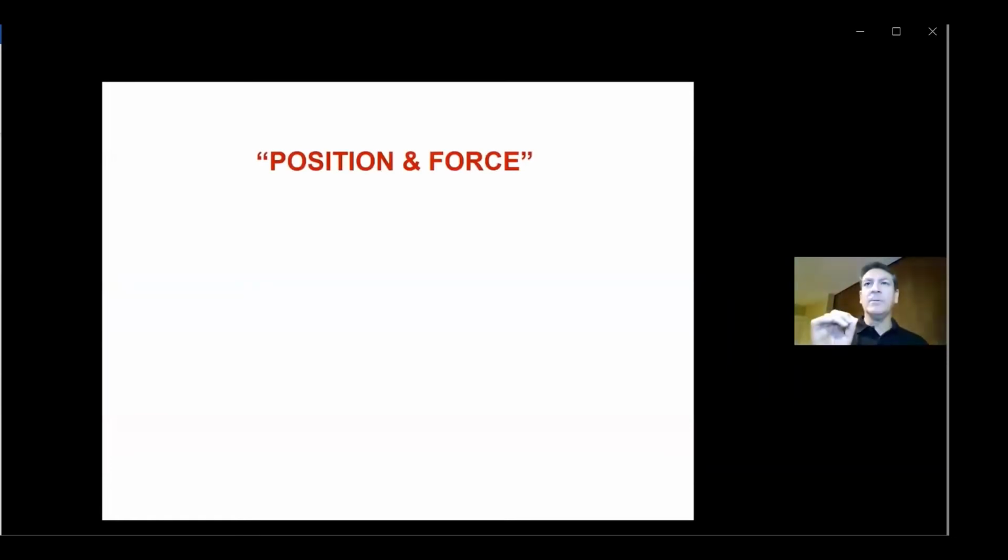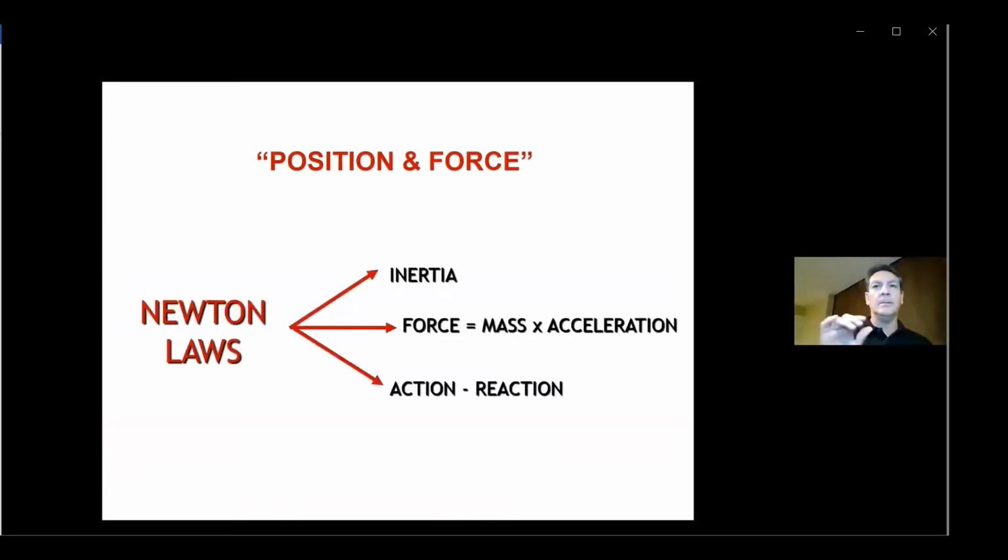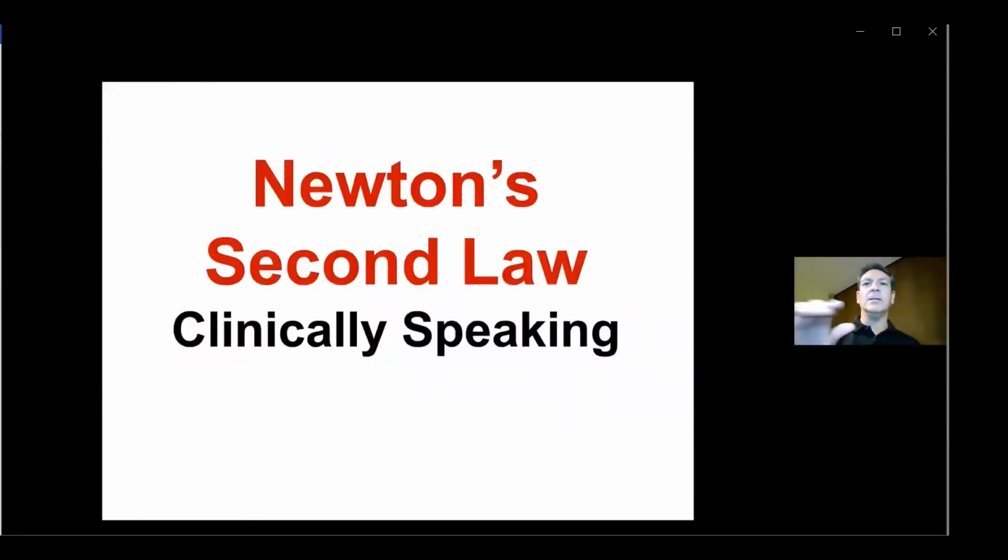In that force equals mass times acceleration, Newton's second law, we have to think of how it's going to apply and work with the other aspects of Newton's law. So inertia, remember, being able to move or not move an object that is moving or not moving. And then we'll get into action reaction at another time. But the understanding of force equals mass times acceleration basics is going to drive our clinical approaches to these things.